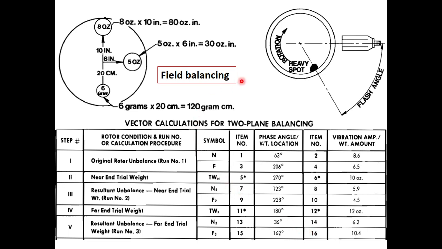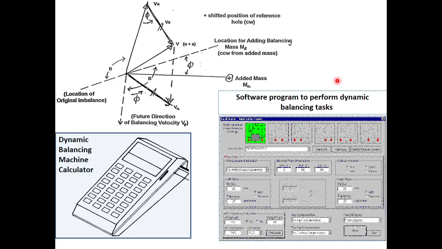Then here they need to carry out the experiment with some trial masses. Some initial reading, some initial trial mass, etc. There is an elaborate procedure to carry out this thing, right?